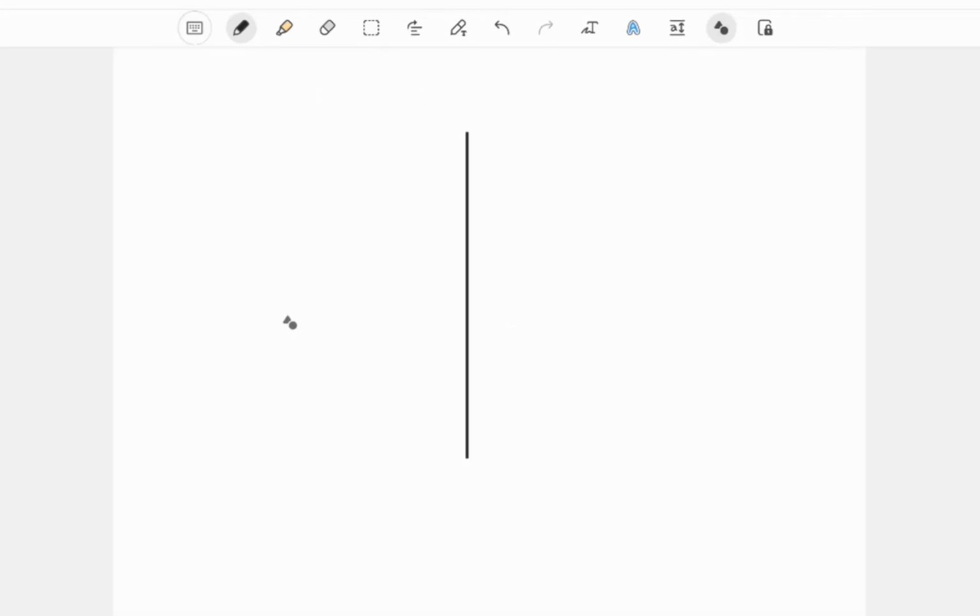So if we consider the graph of a function f, consider a point P here, and suppose we consider a nearby point Q.